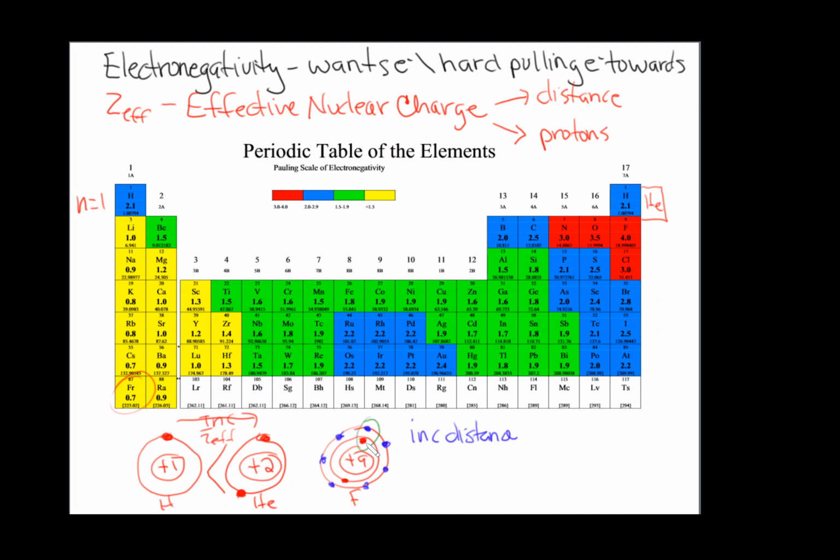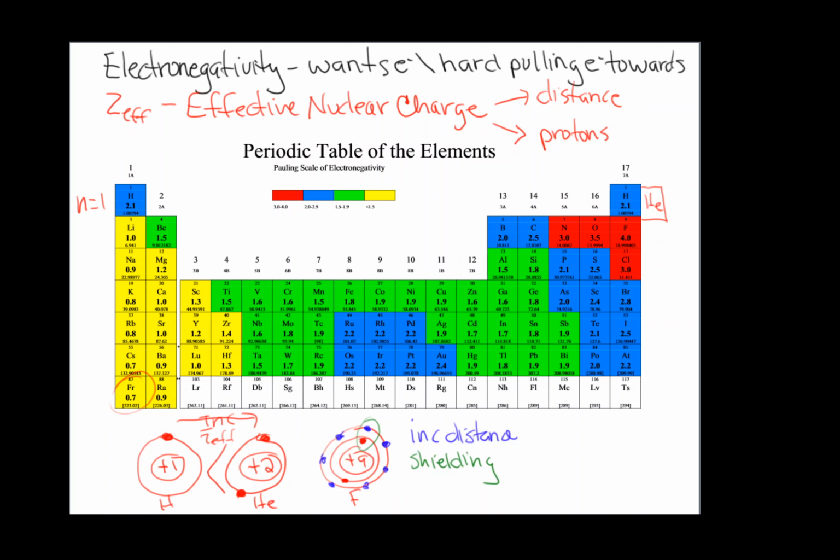This inner one, the red one, is actually in the way of the blue one's view to the nucleus, and that is called shielding. And so that is a problem. So fluorine has a lower effective nuclear charge than, say, helium did with just the two.